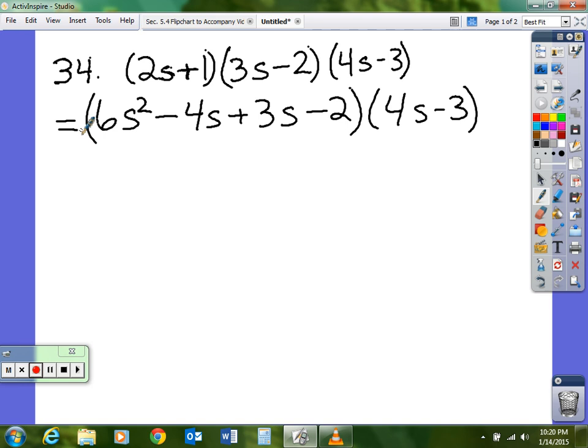Before we go ahead and multiply the first parenthesis times the second, let's make sure that we add like terms and rewrite. 6s squared minus s minus 2. Negative 4s plus 3s is negative 1s, or just negative s.